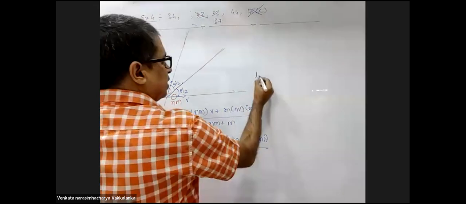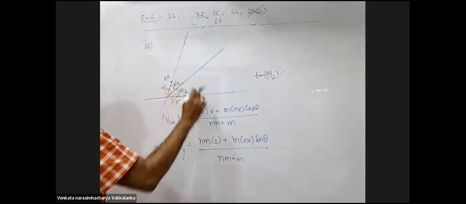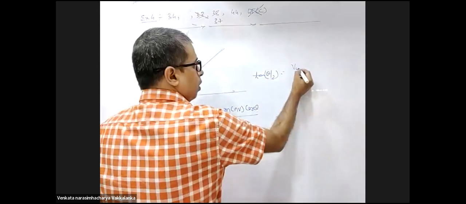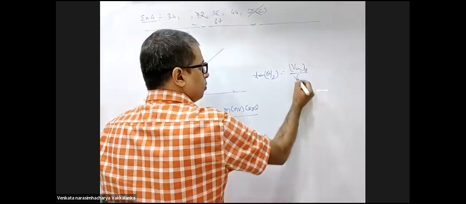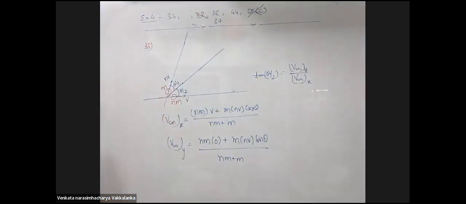We'll have to take tan theta by 2. Tan theta by 2 will be VCM along y-axis upon VCM along x-axis. Am I right?